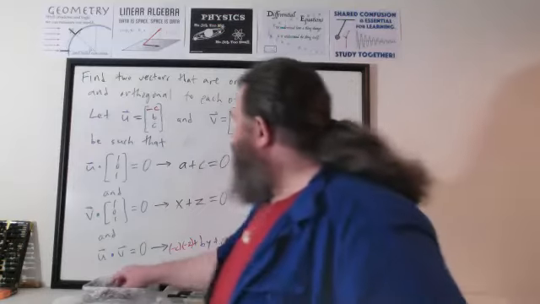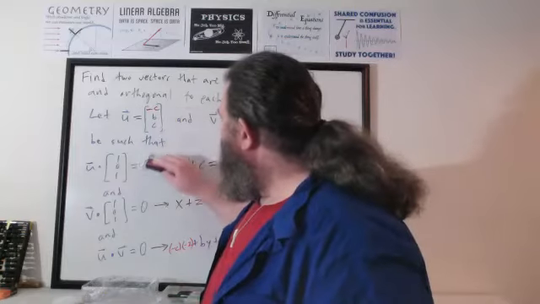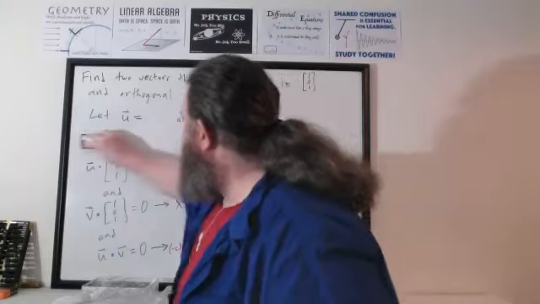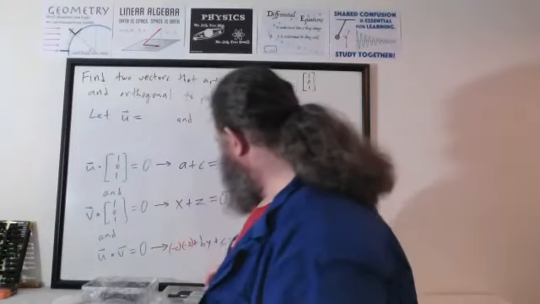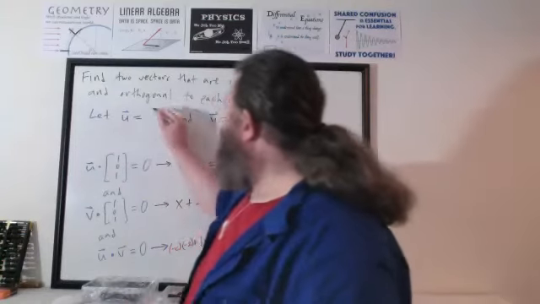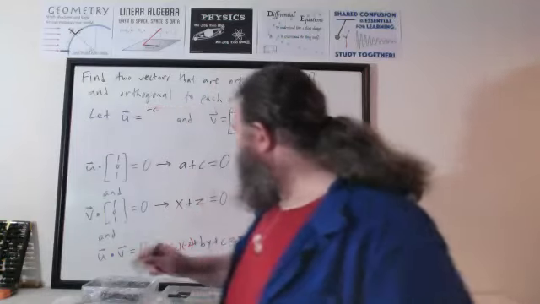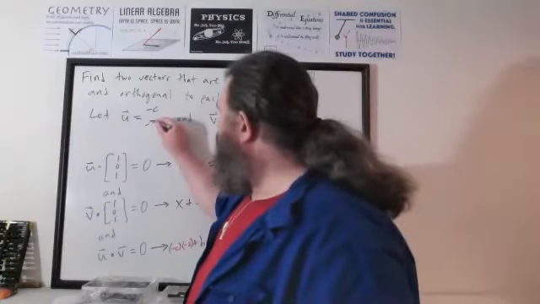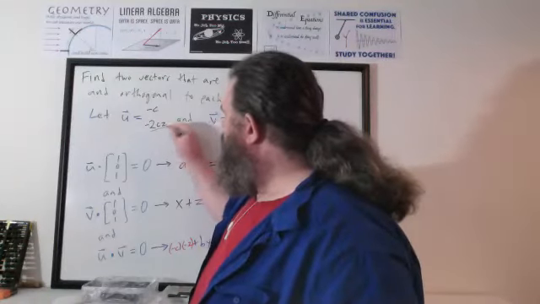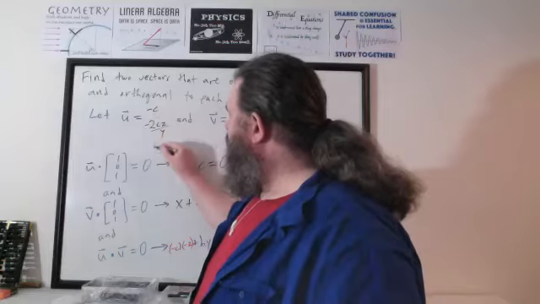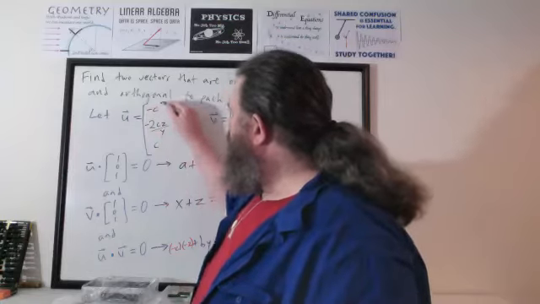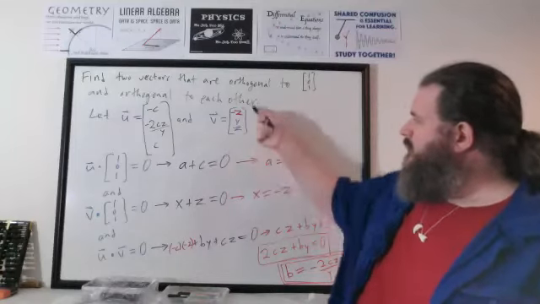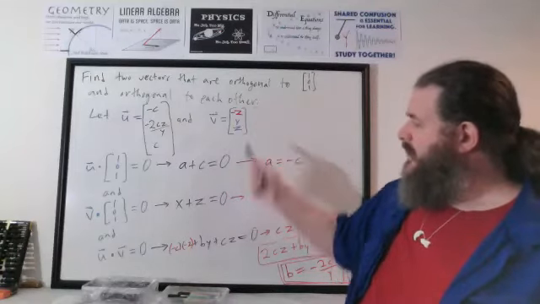So let's try writing out the final vectors. We know a has to be negative c. B, it turns out, has to be negative 2cz over y. And c could be anything. And then for vector v, I guess we could just leave it as this, negative z, y, z.